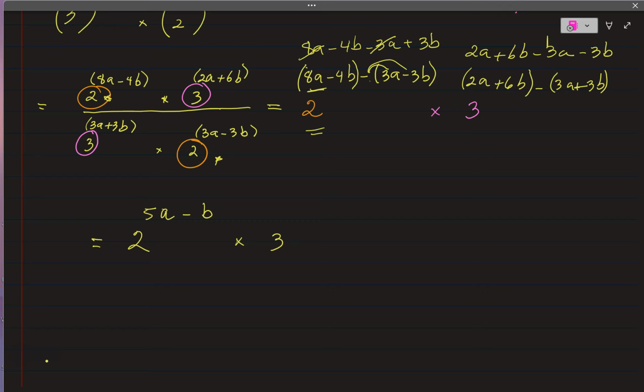Want to make sure that we got this right? Yes it is, because this is the plus sign right there. Okay, so that's good. Now 2a minus 3a, that is negative a. 6b minus 3b, that is plus 3b. That is the final answer to this question. This is the most simplified form. There's nothing else you can do.